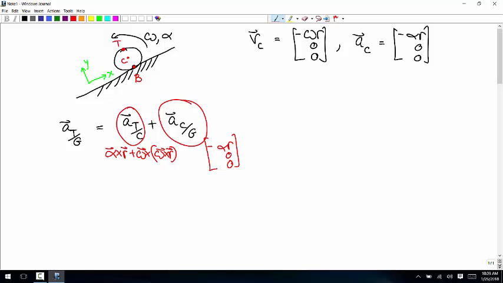I think I started to write that down and then erased it, so you might want to check your notes on that if it still says it. But by inspection, you know that the center of a round wheel isn't going anywhere, so it can't have any velocity and it can't have any acceleration, at least up and down. So this is the full acceleration of the center, and you're just adding the full accelerations together.